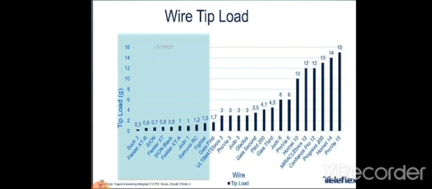As we know, we have a very wide range of guide wires that we use in CTO intervention, and these different kinds of guide wires have different tip loads. As we see here, the Sion is about 0.3 gram, and if we reach the higher stiff guide wires like Hornet 14 or Confianza Pro 12, it is exactly 14 gram force.